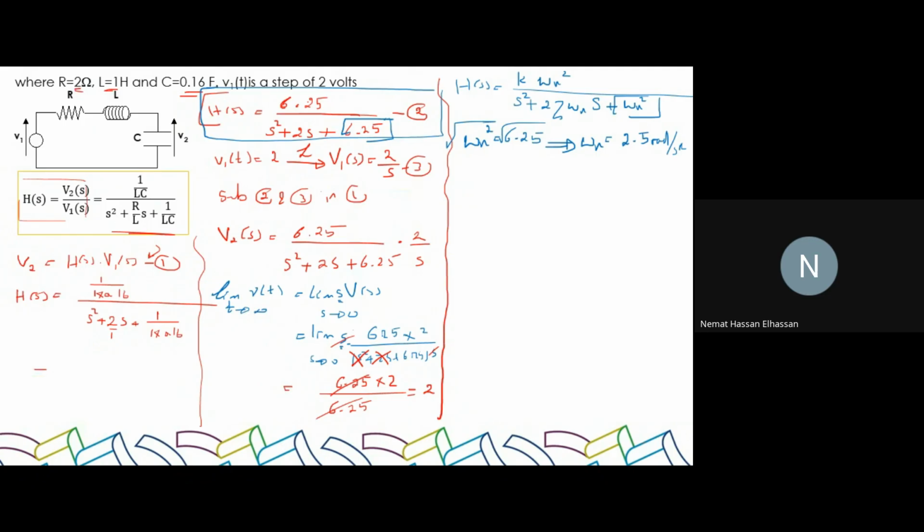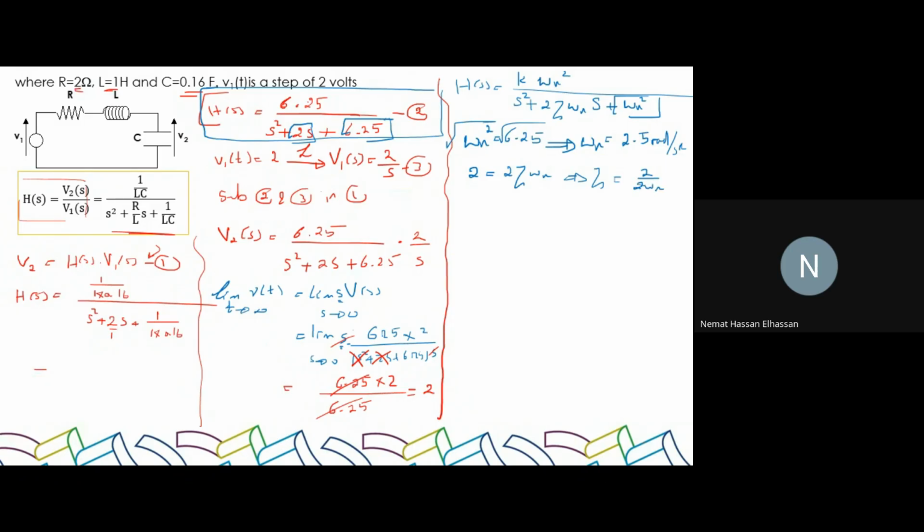Then, based on that, I can move on to the next step, which is the middle term, 2s. So 2 is equal to 2 zeta omega n, right? Which means that zeta is equal to 2 divided by 2 omega n.